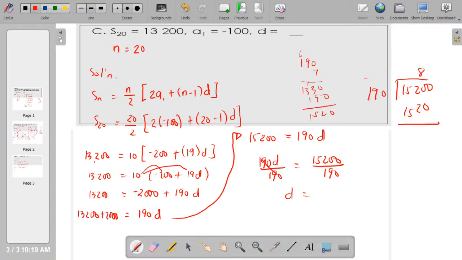Correct. So this is 0, 0. Therefore, the common difference is equal to 80.